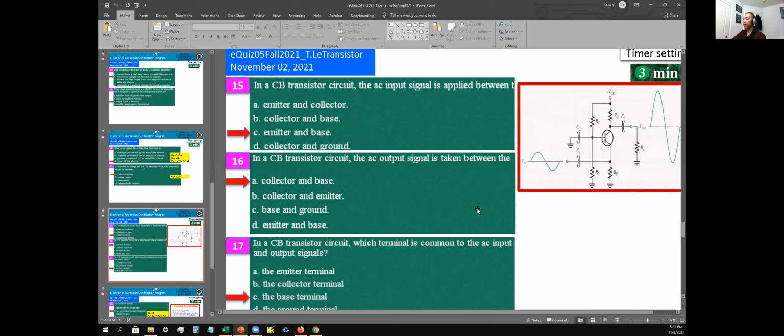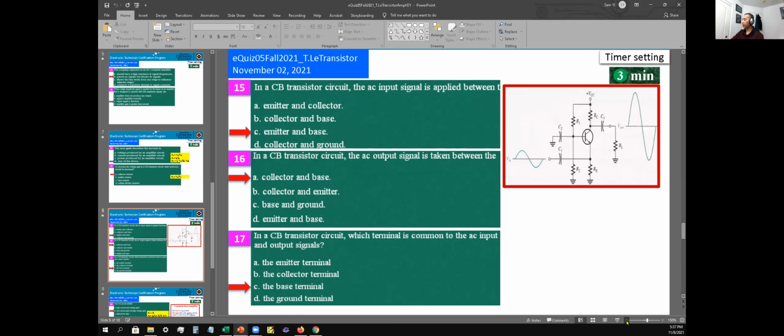Number 16, in a common base transistor circuit, the AC output signal is taken between the... mainly you're going to be coming out from the collector, so collector here, and your low side will be connected to the common. Common is next to the base, so it's collector and base. So the answer is A, as in apple, for number 16.